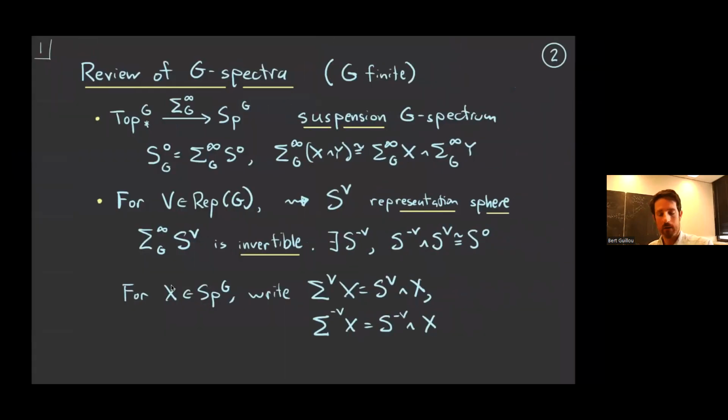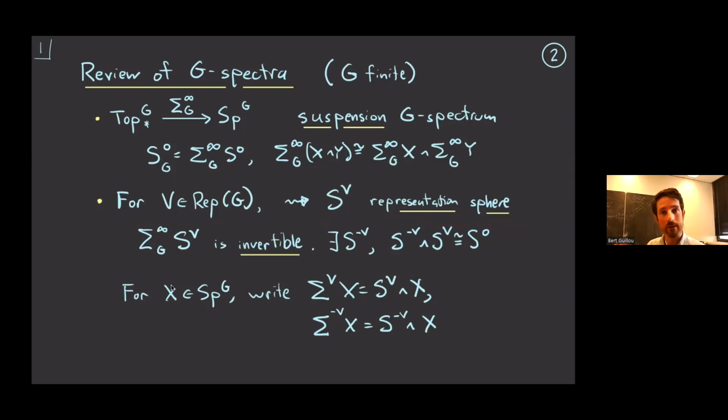The next thing I want to mention is going to show up quite a bit. If we have a G representation V, that is, a finite dimensional real vector space with a linear action of our group G, and G will always be finite in our story, then we can one point compactify that vector space and get what's called a representation sphere.